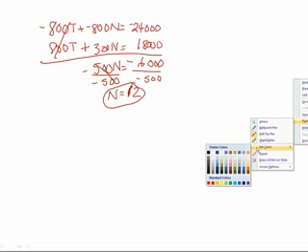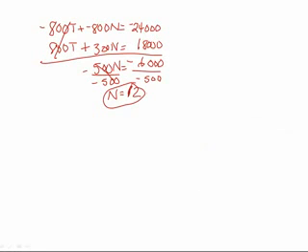So I'm going to change colors so it's a little easier to read. All right, and so I'm going to take this 12 and I'm going to place it into this equation. So I get 800T plus 300 times 12 equals 18,000.